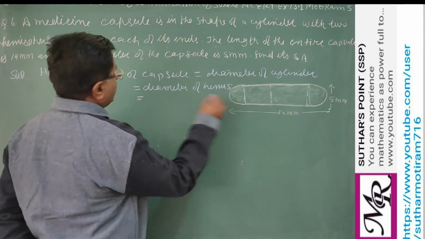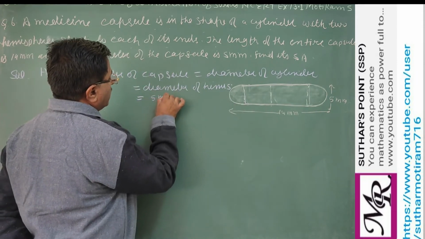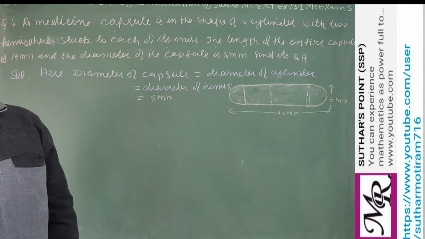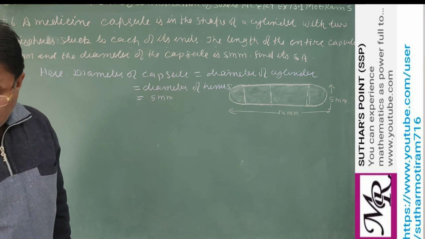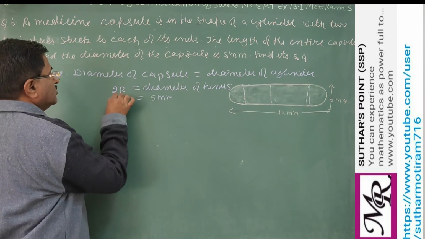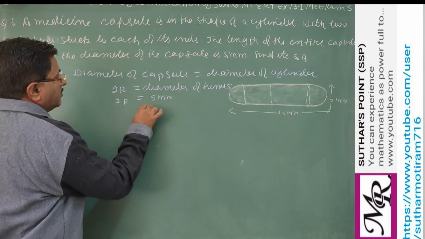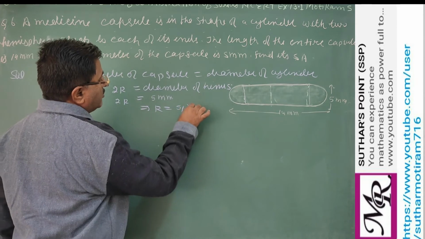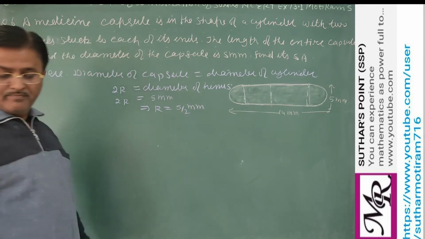Now that is given as 5 mm. So we have the diameter for each given as 5 mm. Clear? So that you can consider as 2r. Therefore, the radius of each is equal to 5 by 2 mm.